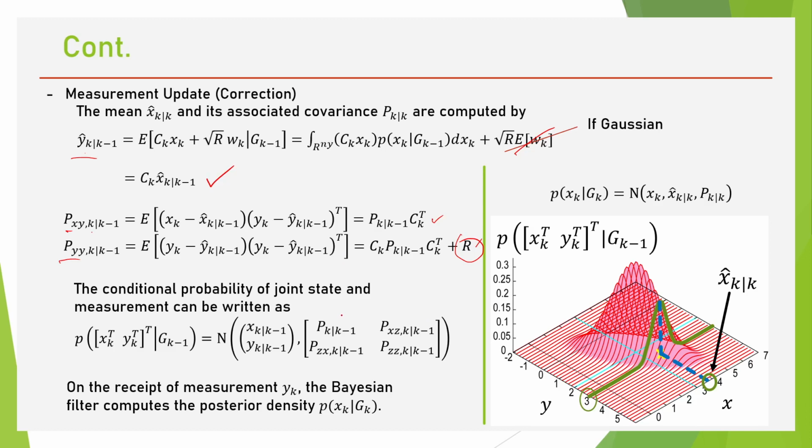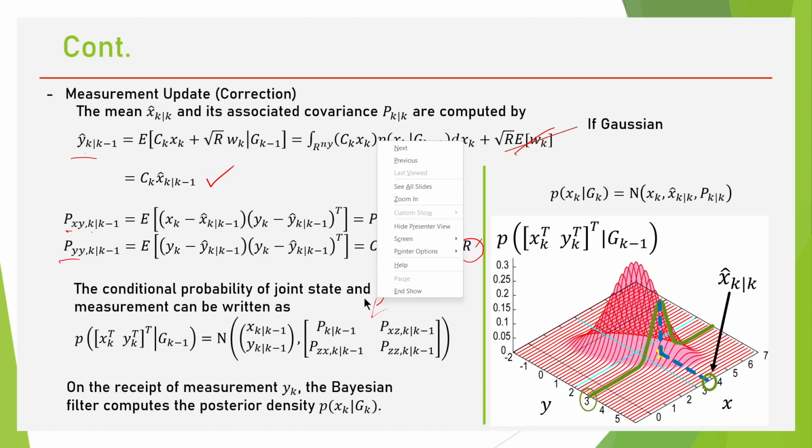Again, if the distribution is not Gaussian, the method to compute is much more difficult. That's why the Kalman filter chooses the simplest one for the filtering problem.